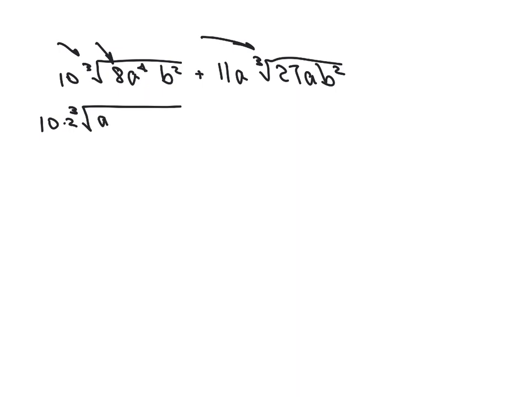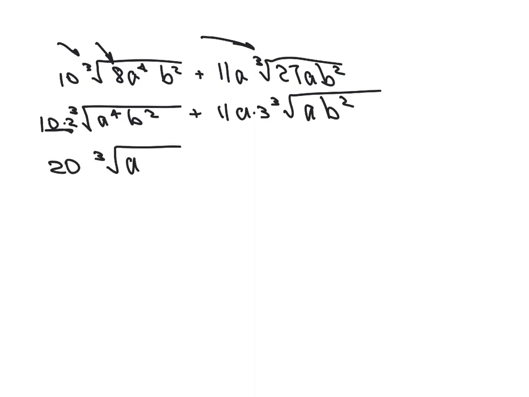And that leaves me with an a to the 4th, b squared, plus 11a. And is there a cubed root of 27? 3 times 3 is 9 times 3 is 27. So we can pull a 3 out. The cubed root of 27 is 3. And then we're left with an ab squared. Okay, so let's go ahead and write this as 20 cubed root of a to the 4th b squared plus 33a, 11 times 3.